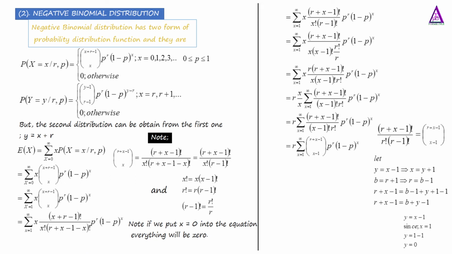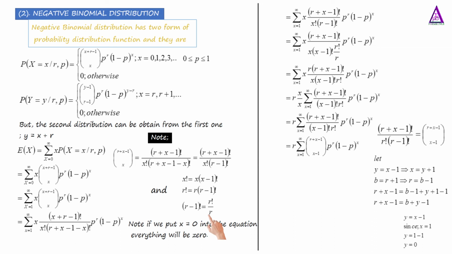That's the reason why we have equation 5, the summation x ranges from 1 to infinity, x times (r + x − 1)! divided by x! (r − 1)! p^r (1 − p)^x.